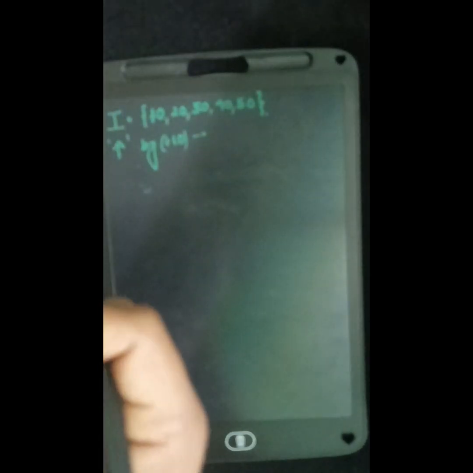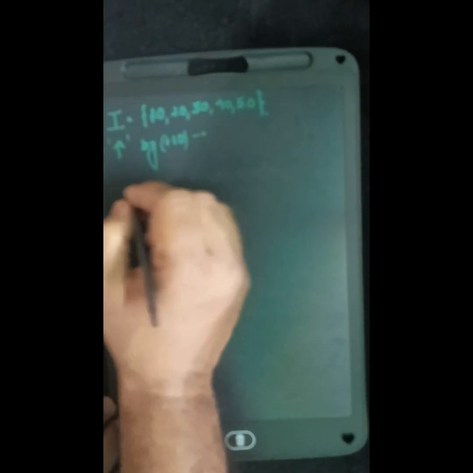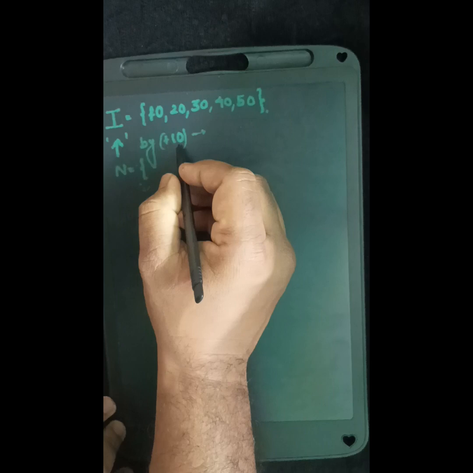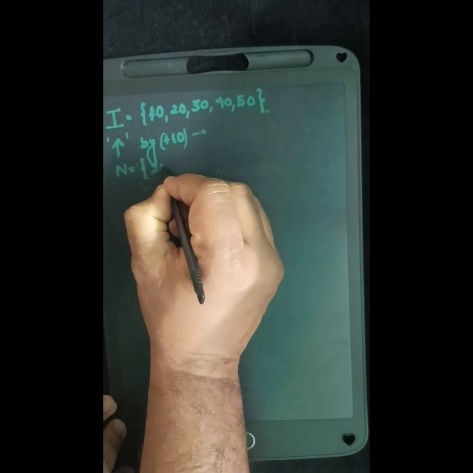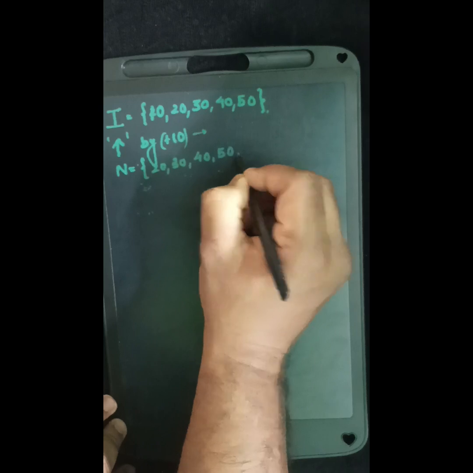What values come out for you and what conclusions you draw, you may give to me in the comments, and let's check what will happen. So the new data set would become 20, 30, 40, 50 and 60.